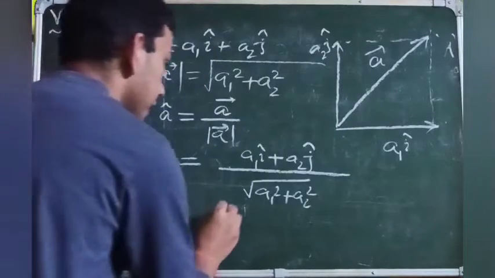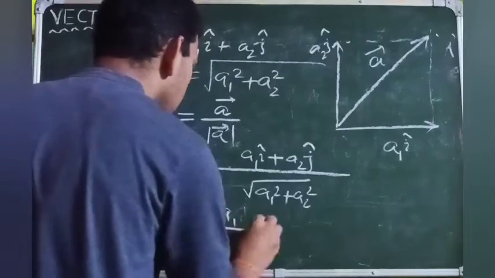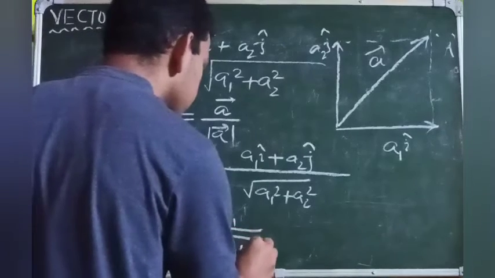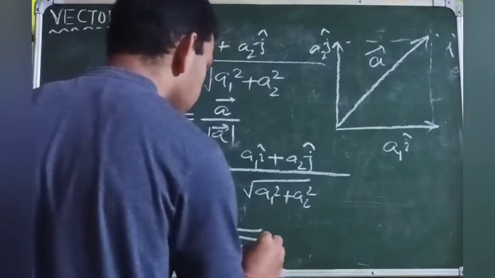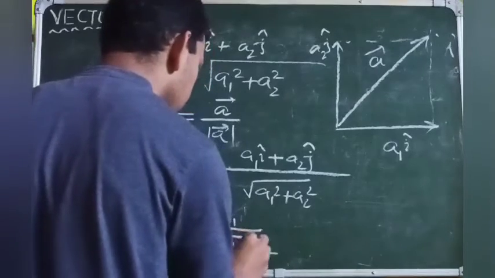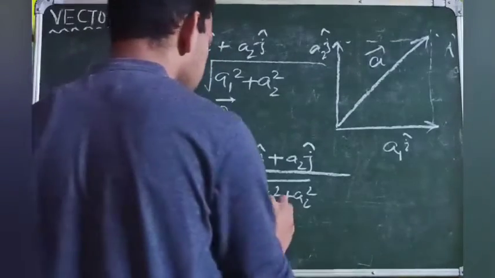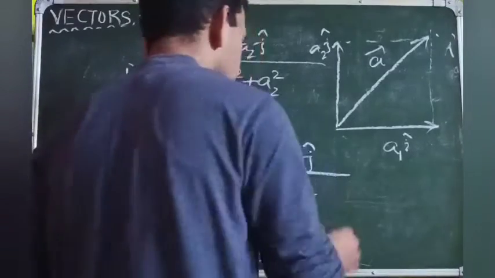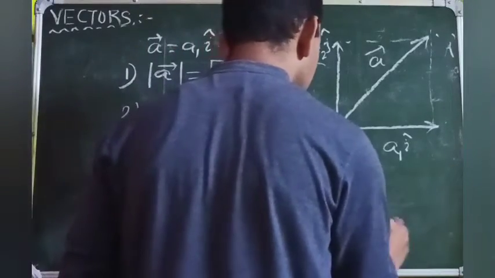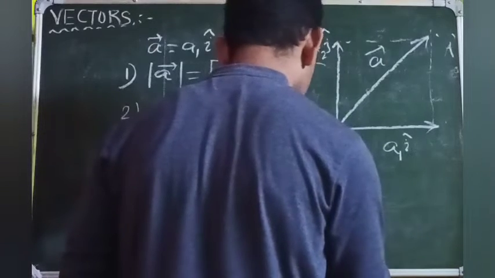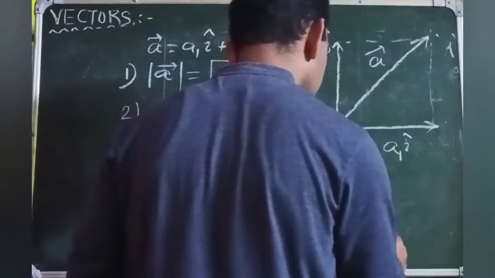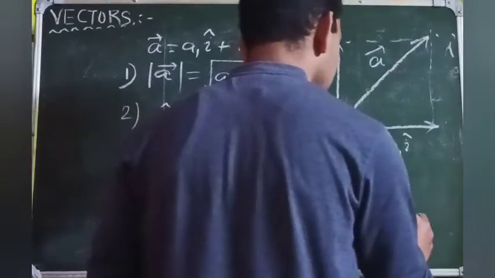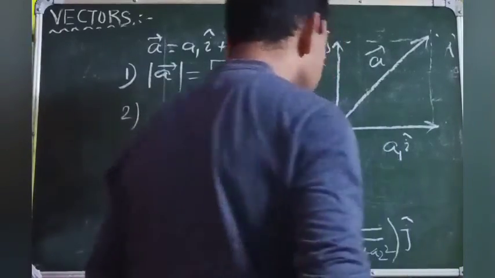So we can write it as a1 upon root under a1 square plus a2 square multiplied by i cap plus a2 upon root under a1 square plus a2 square j cap.